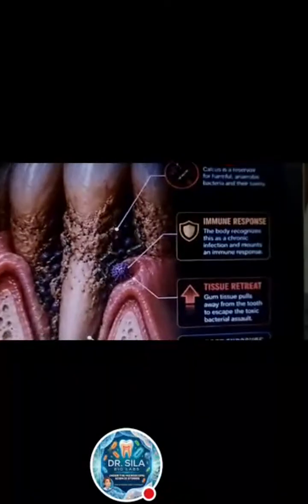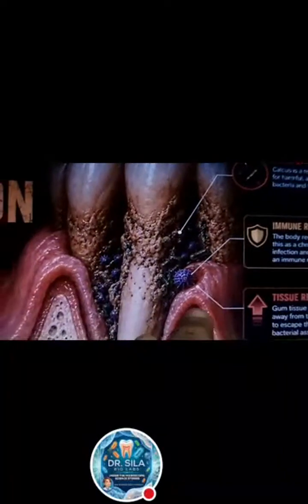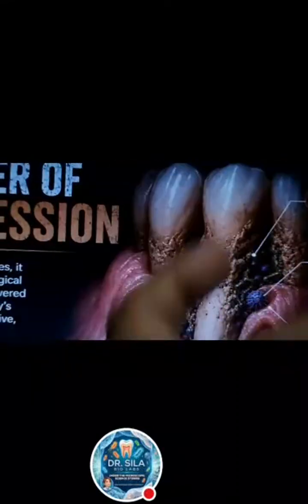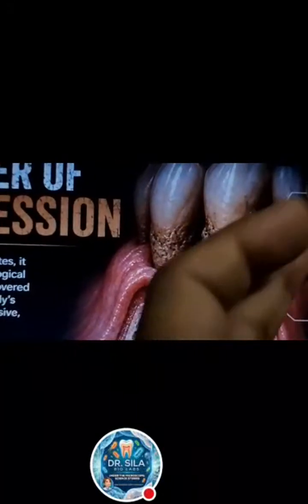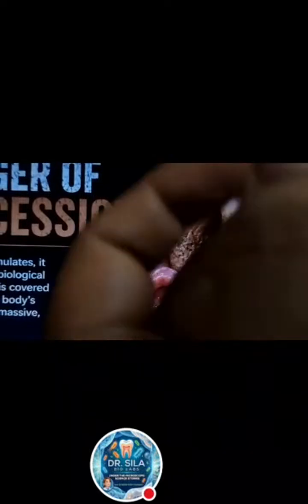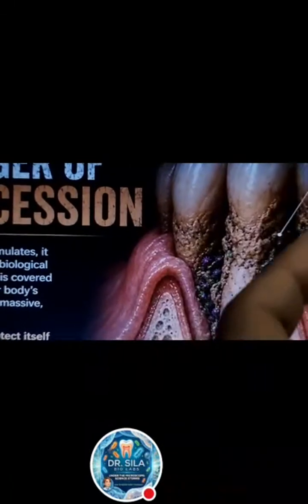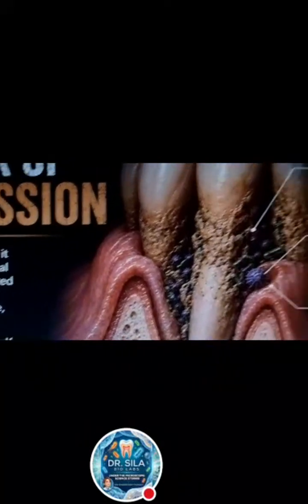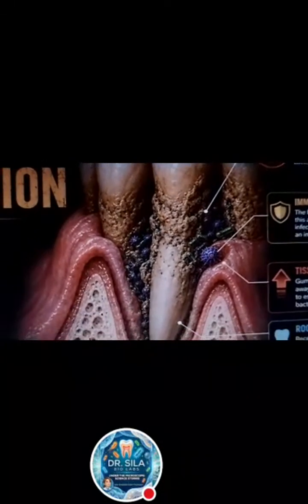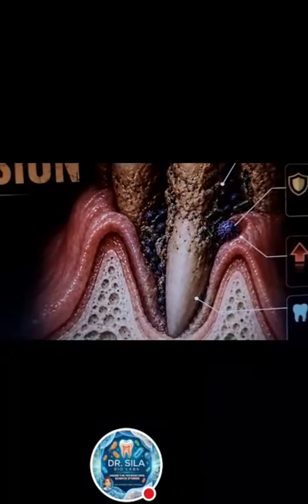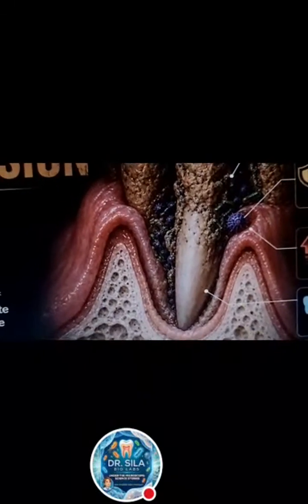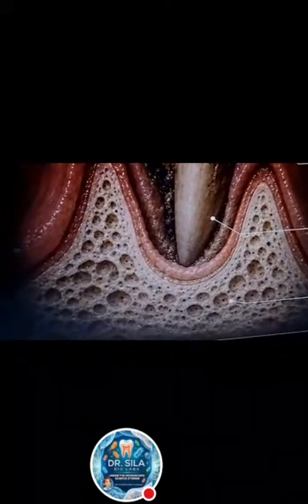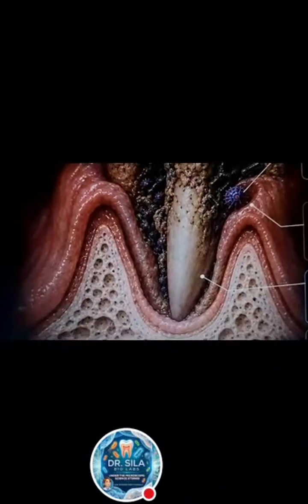Coming to the danger of gum recession. As the subgingival calculus accumulates, it creates a physical and biological hazard. Because the calculus is covered in active toxic bacteria, your body's immune system recognizes a massive chronic infection. In an effort to retreat and protect itself from these bacterial toxins, your delicate gum tissue and the underlying jaw bone begin to pull away.